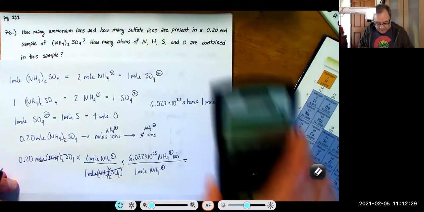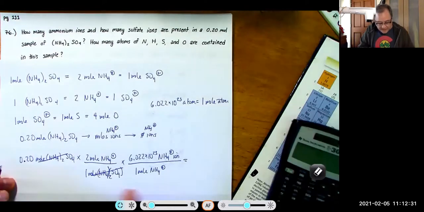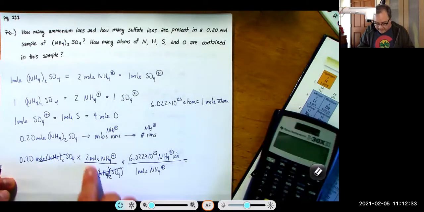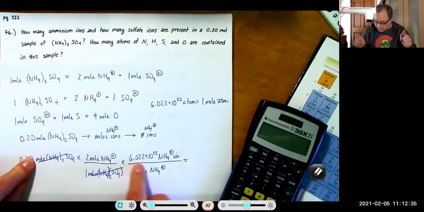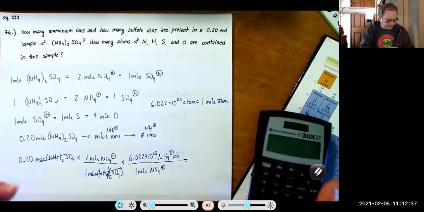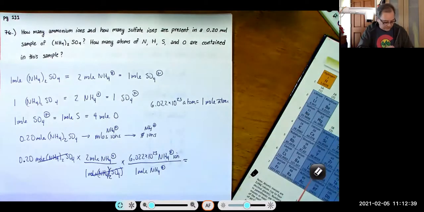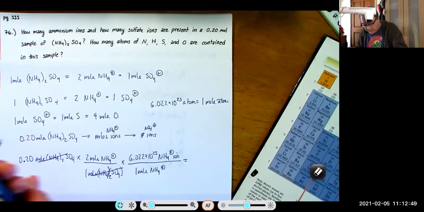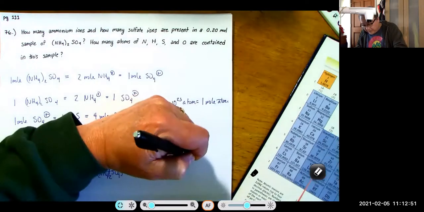How many significant figures are we allowed? Well, this is defined by the ratio. This has 4 sig figs and this has 2, so we only get 2 sig figs. So you said 2.4 and you nailed it.